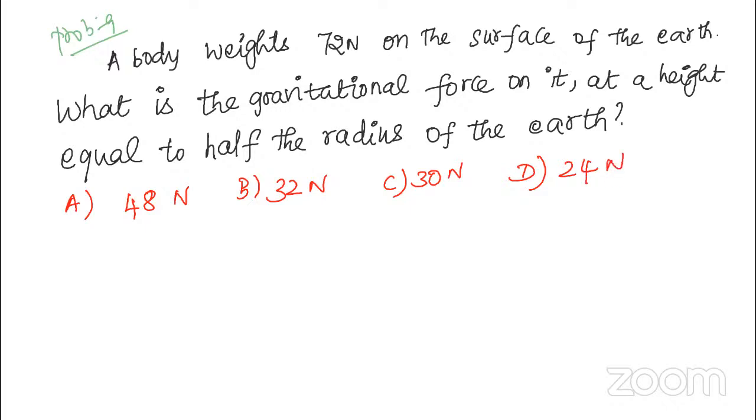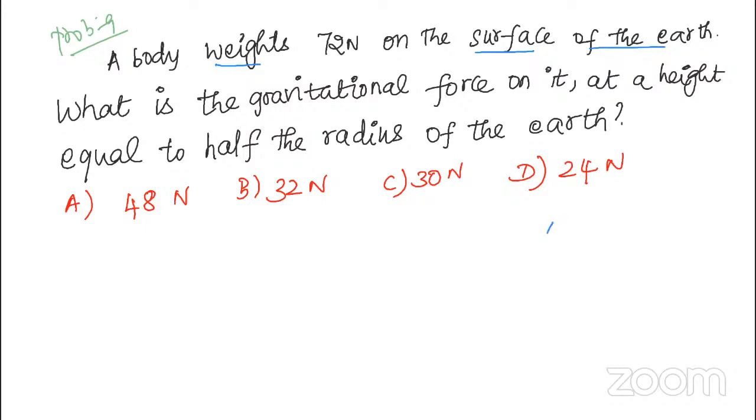Okay, let us now solve this one. Carefully watch the problem. First, you should note down all the information they have given. They have given the weight on the surface of the earth.